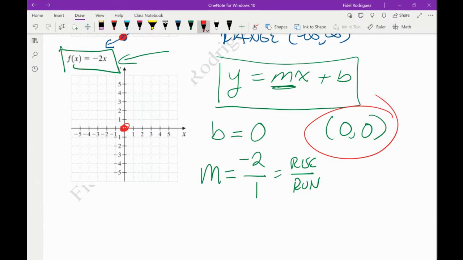Since the top number is a -2, instead of me going up 2, now we're going to go down 2, and then over to the right 1. Down 2, and over to the right 1. There's my graph, right?